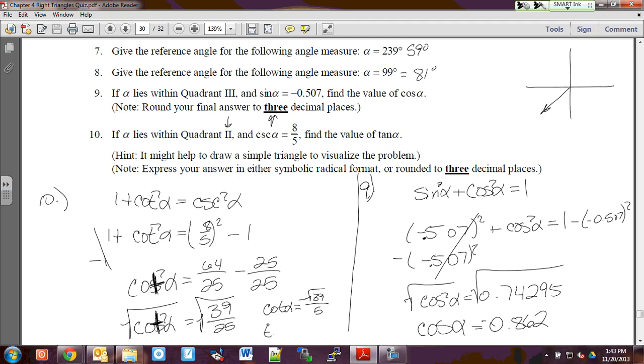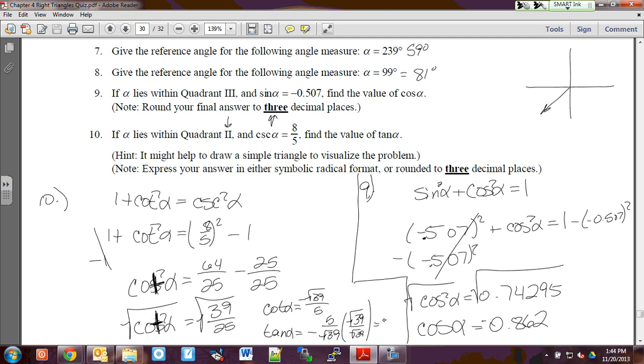But we also wanted the tangent of alpha anyway. So the tangent is the reciprocal of cotangent. So this is going to be negative 5 over the square root of 39. And of course, you're going to have to rationalize your denominator. To rationalize your denominator, you multiply the top and bottom by the radical in the bottom.